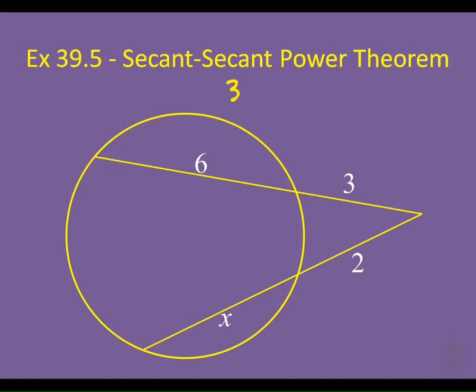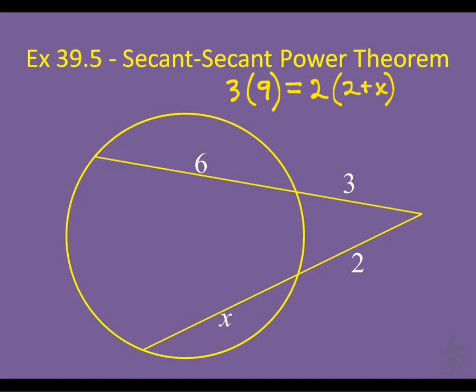You can write 3 plus 6, but you know what 3 plus 6 is, don't you? 9. I would just write 3 times 9 if I were doing this problem. So 3 is the outside part of this segment, and 9 is the whole thing. Equals the outside part of the other one, 2, and the whole thing, 2 plus x. We can't really get away from that one, right?